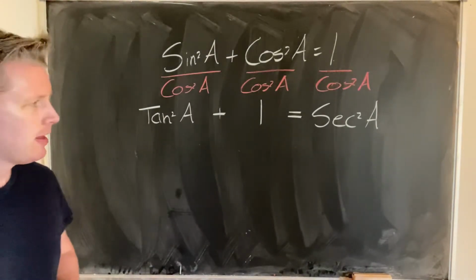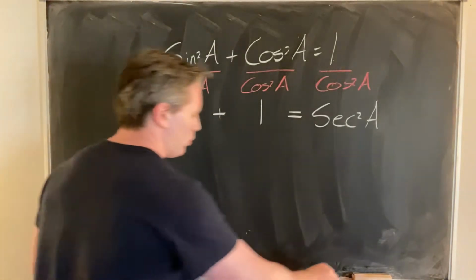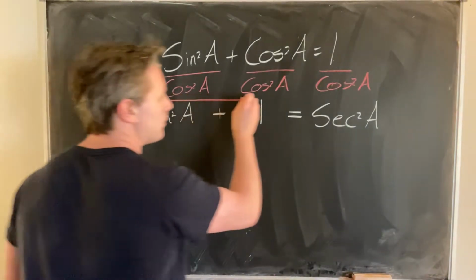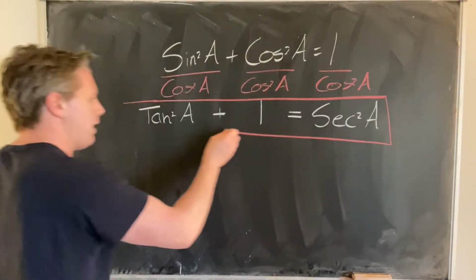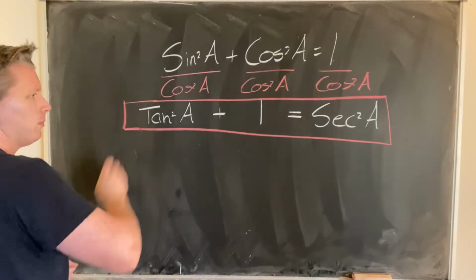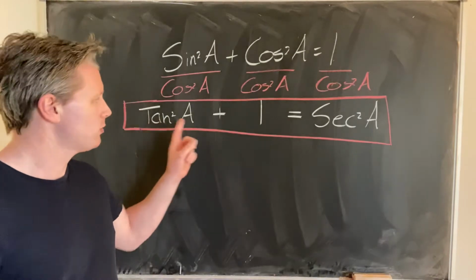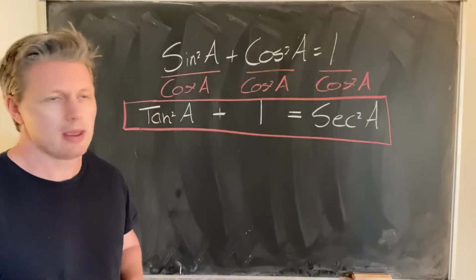And that's it. This is another relatively well-known equation right here. That tan squared a plus 1 is equal to sec squared a. Tan squared a plus 1 is equal to sec squared a.